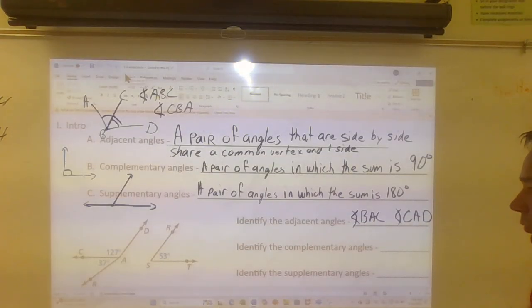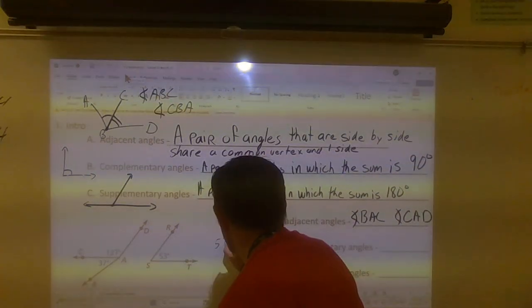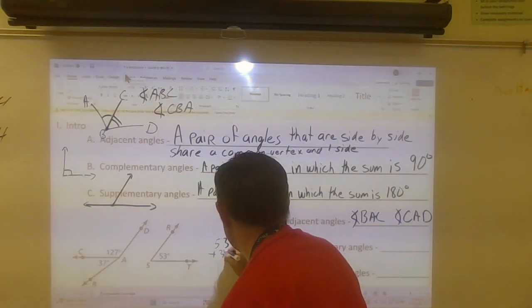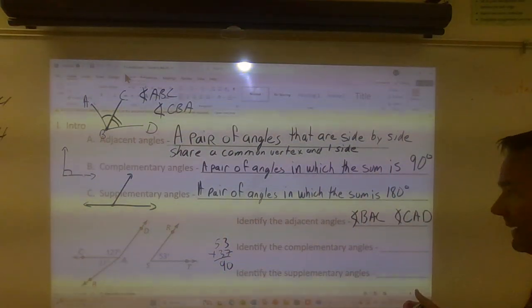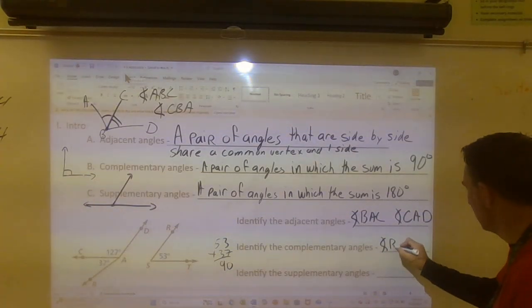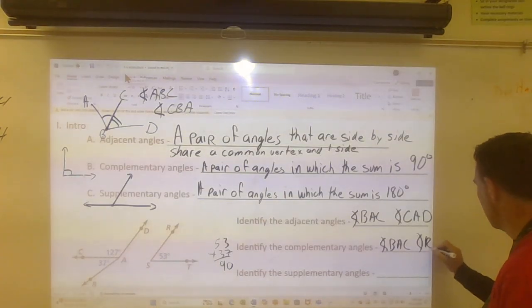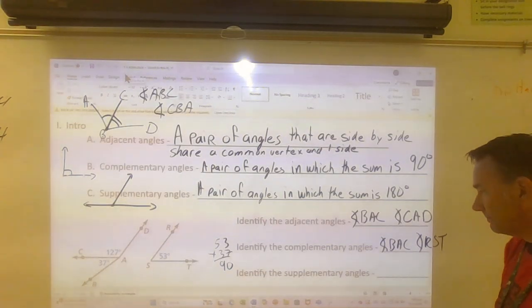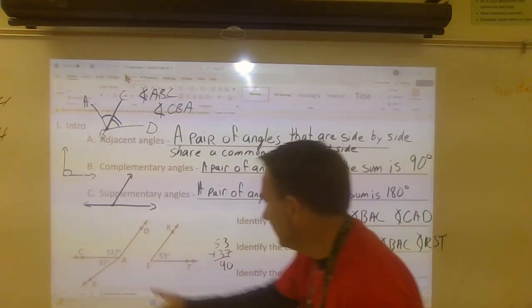Complementary angles, the ones that add up to 90 degrees. 53 plus 37 is 90. So they don't have to be next to each other. So this one we have BAC and angle RST. Then the supplementary angles, ones that add up to 180.